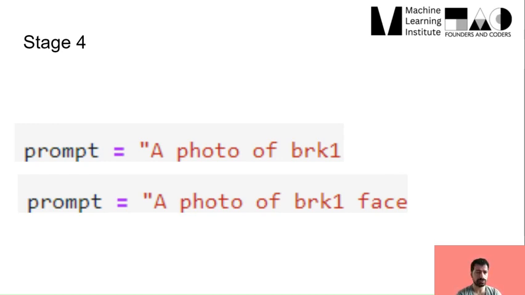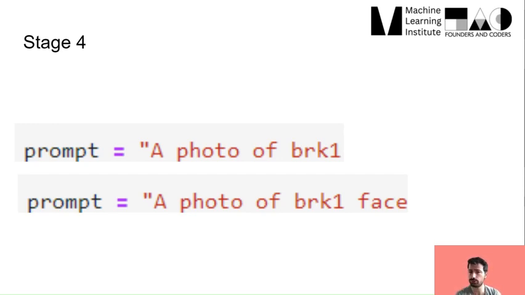Even during training, you give it a label, and my initial label was a photo of BRK1. I thought, what if in training and even in the prompt, I tell it that this is my face. These images are just my face with the black background. Let me guide it a little bit more and tell it that what it's learning here is a face.